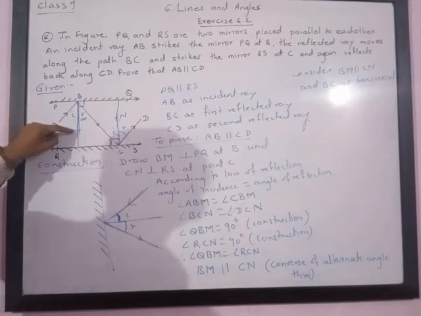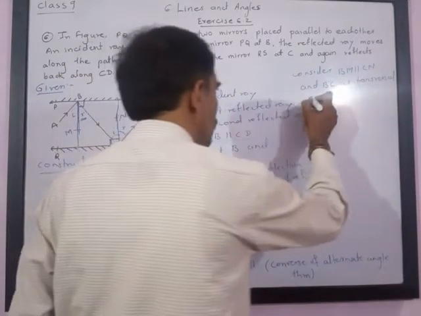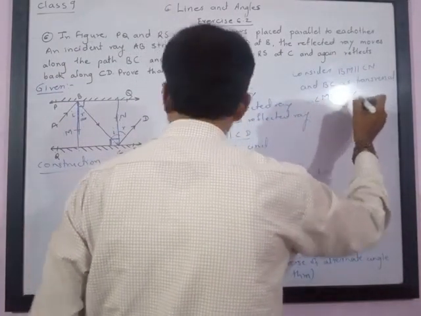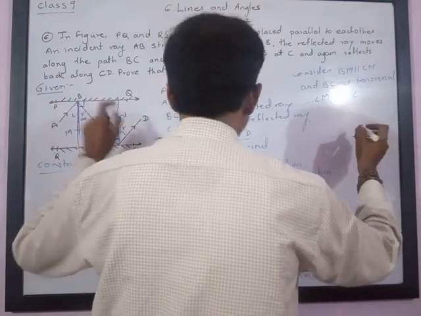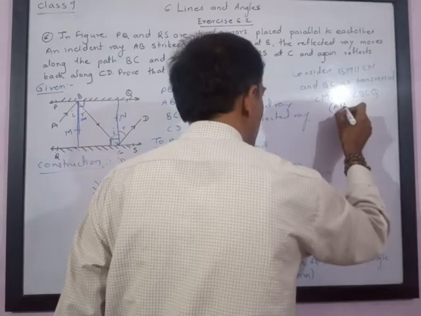Watch carefully. Angle MBC is equal to angle BCQ. The reason is the alternate angle theorem.